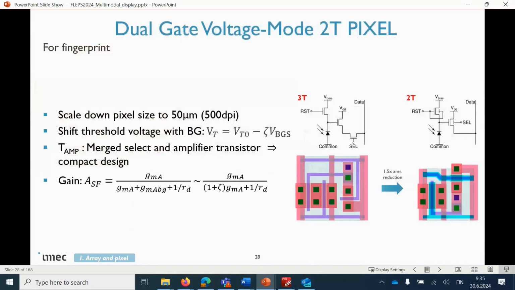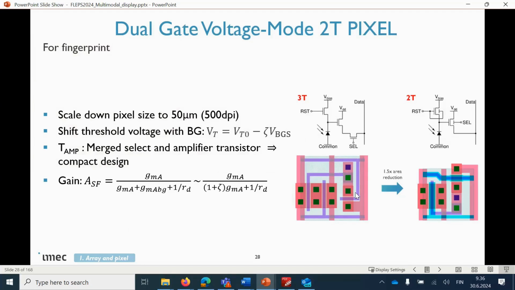If we go to the fingerprint now, as we said before, we need to scale down. We need to have 50 micrometer pixels, and to do that, again, we had to tweak the technology. We had to create a dual gate technology to go from 3 transistor active pixels.